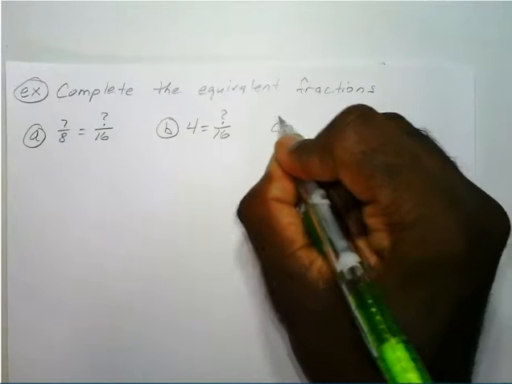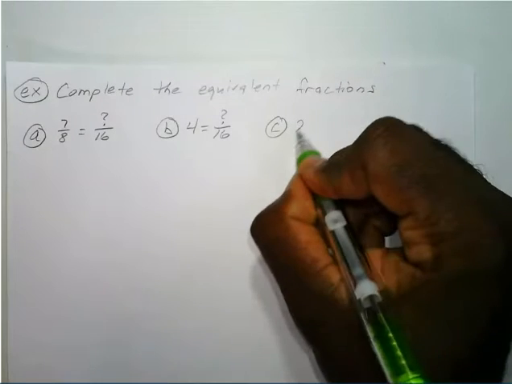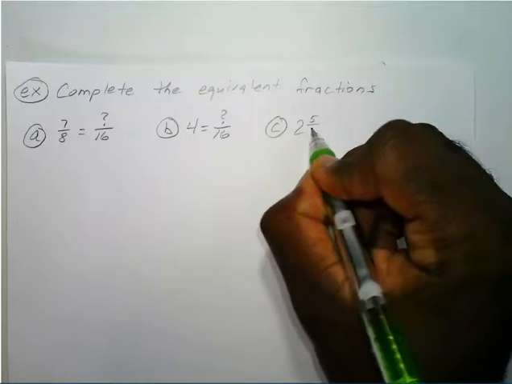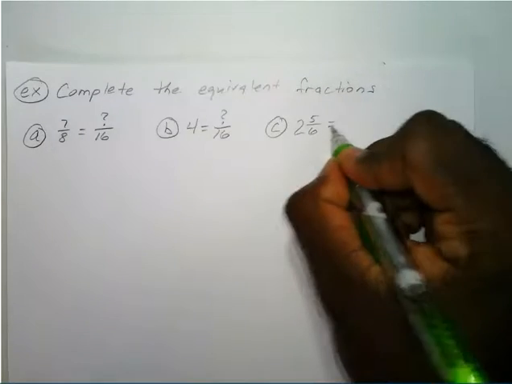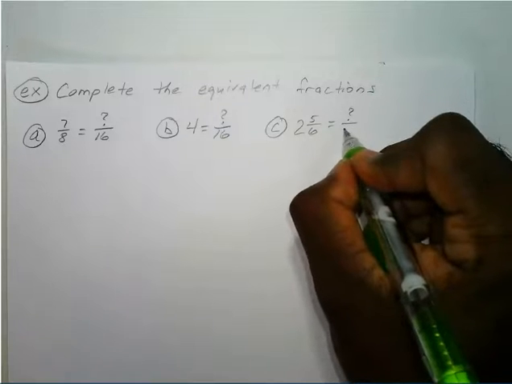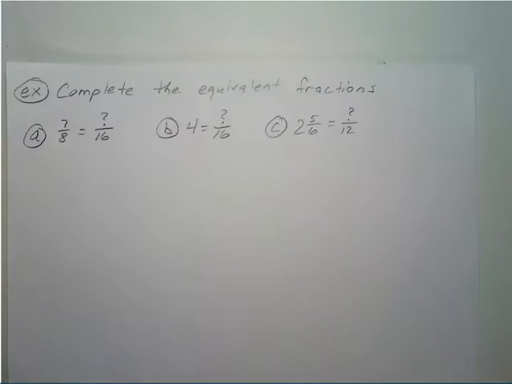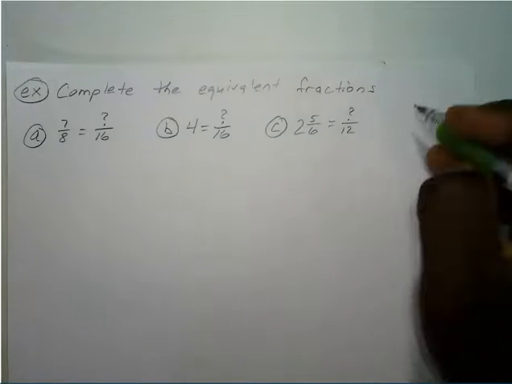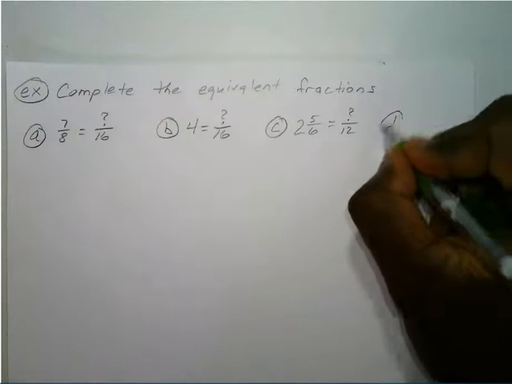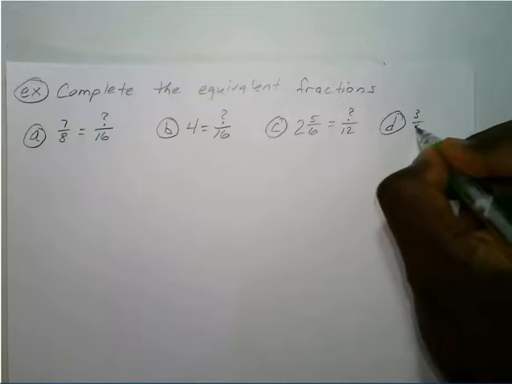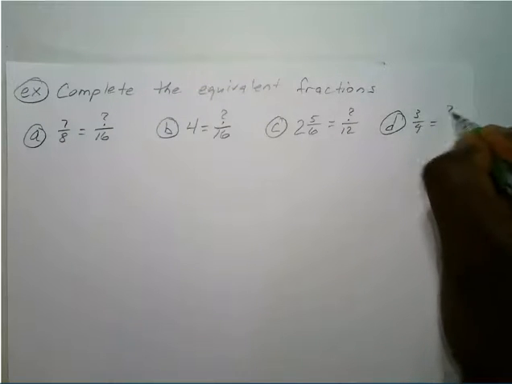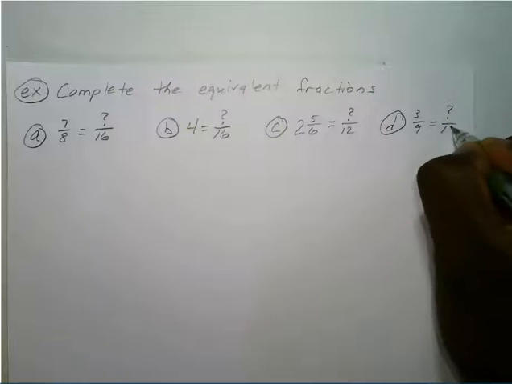Okay, so let's say for problem C, we have 2 and 5/6 equals some unknown value over 12. And let's say for problem D, we have 3/4 equals some unknown value over 16.